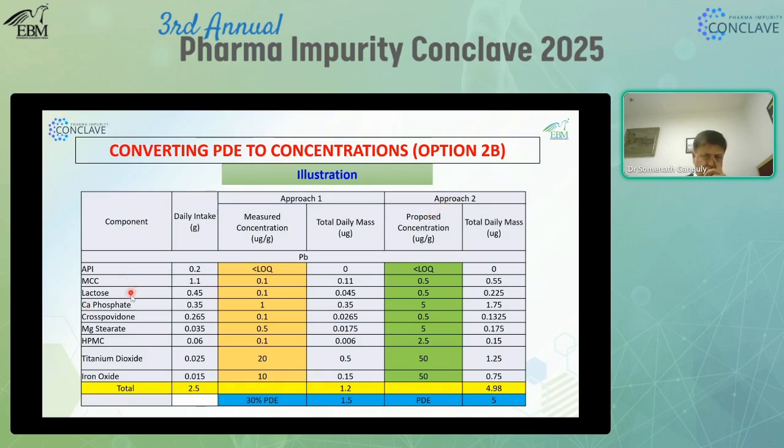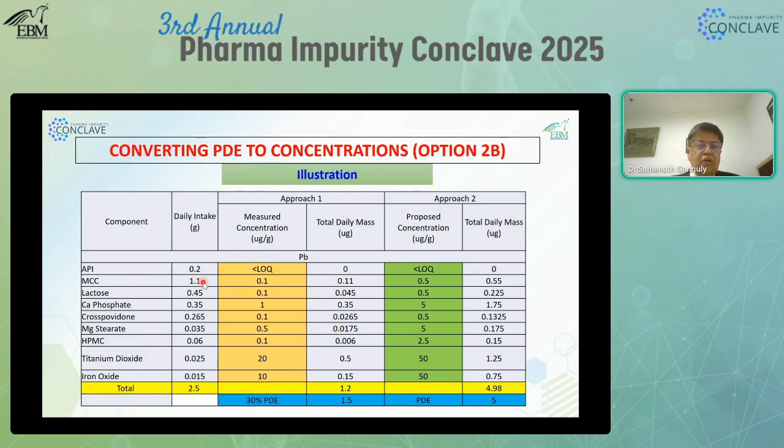This is your drug product, and this is the daily intake, the same as the previous one. Now suppose this is your measured concentration. Measured concentration means you are the manufacturer of the drug product, and this is the COA you got for MCC, lactose, calcium, all these excipients from different vendors and suppliers. So if this is the COA, how will we calculate this?